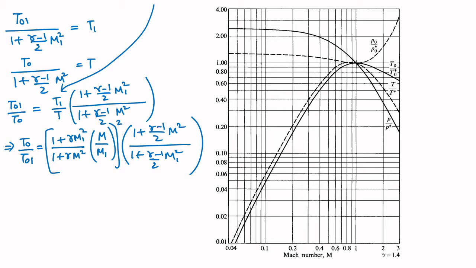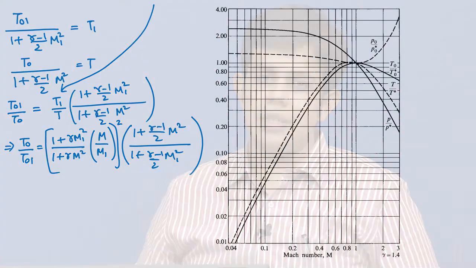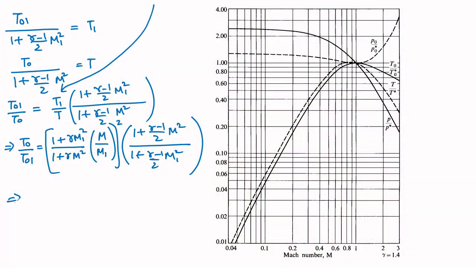Now, this state 1 is not a standard state, it can be any state. To maintain a standard reference state, we can say that this M1 is equal to 1 and this T01 is equal to T0 star.